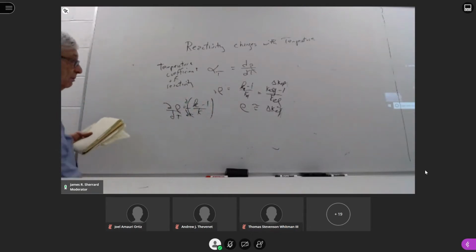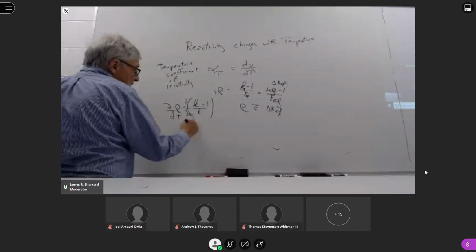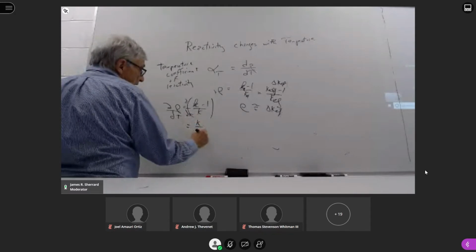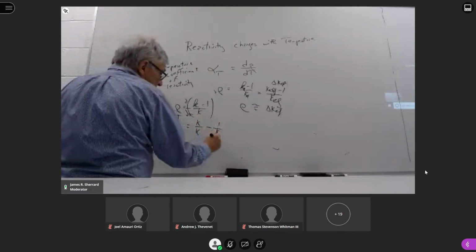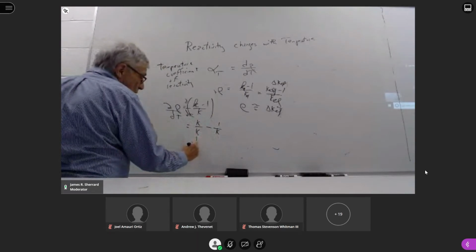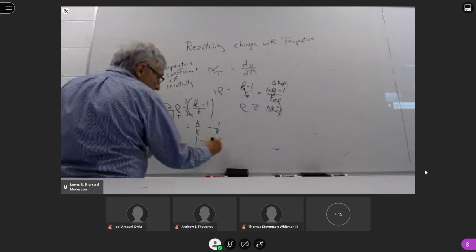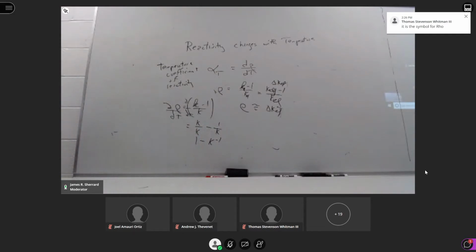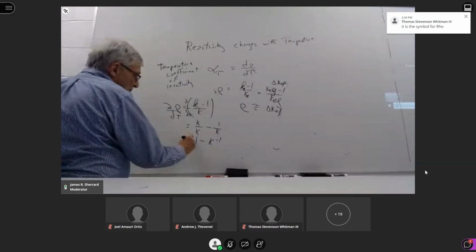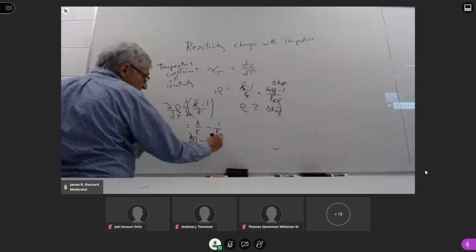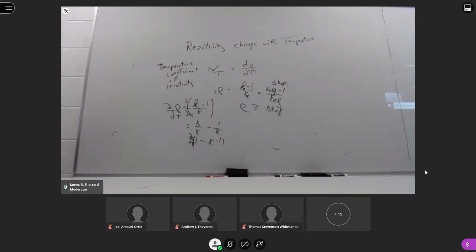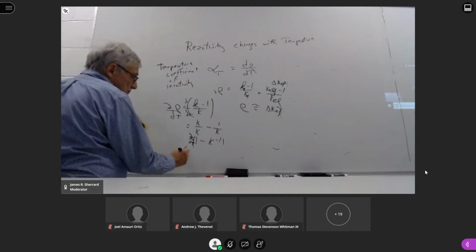And if I do that, I'm going to separate this. So this is going to be K over K minus 1 over K. So this is 1 minus K to the minus 1. If I take the partial of this with respect to T, partial of a constant is 0.